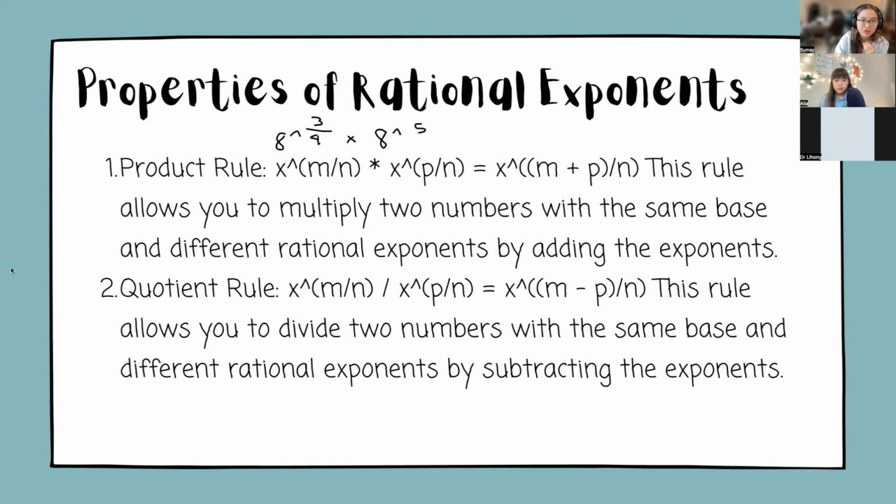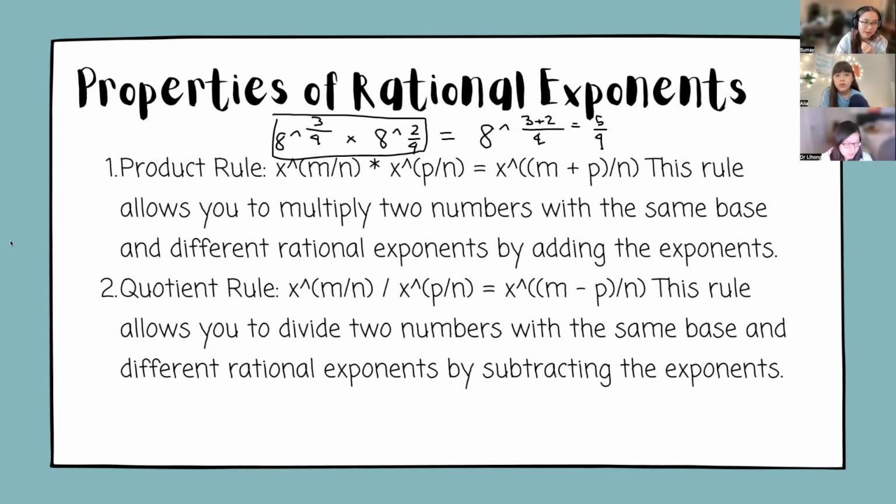But let's just go with something easier, 2 over 4. This would be the equivalent of 8 to the power of 3 plus 2 over 4, which would be 5 over 4. So now we combine these two numbers into 8 to the power of 5 over 4. So that's what this product rule is saying.